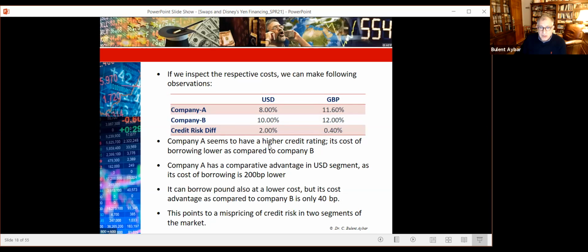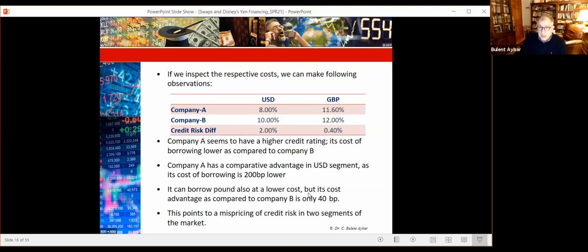As we mentioned, in the dollar segment, there's a 200 basis point credit risk differential. In the pound segment, that is only 40 basis points. This is definitely pointing to a mispricing in these different segments.